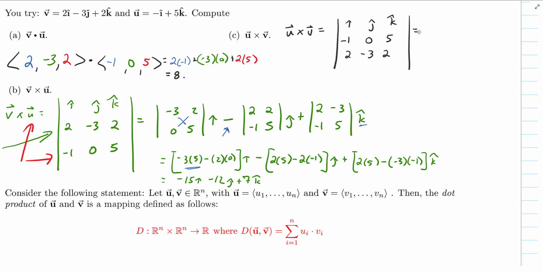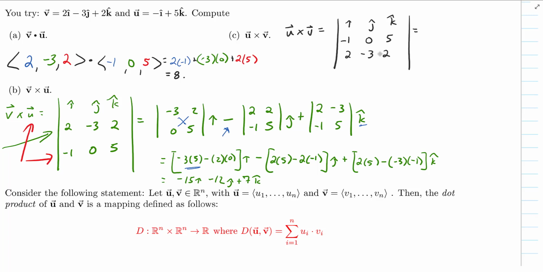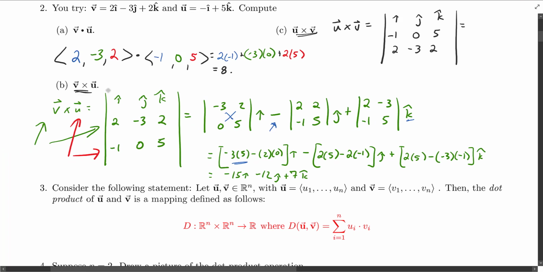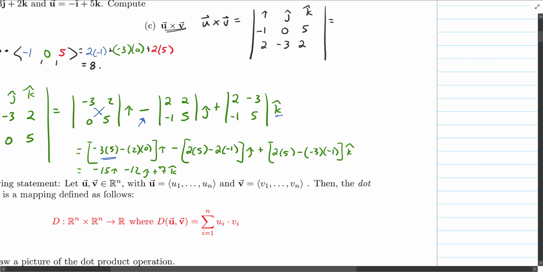And I'm not going to do that, but I want to emphasize that because we've got different rows, this is going to give me a different determinant. However, and you can check this for yourself if you compute u cross v directly, it turns out that u cross v and v cross u are what we call anti-commutative, meaning that the answer to this should be negative the vector v cross u, which we computed in part B, and so I can simply take my answer from before and multiply each of the components of v cross u by -1, and I will have the cross product of u and v.